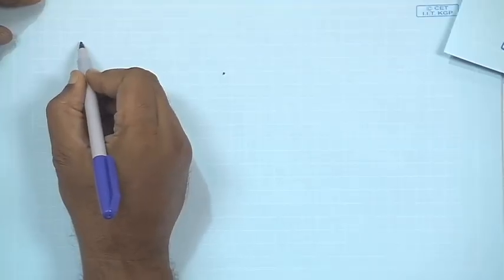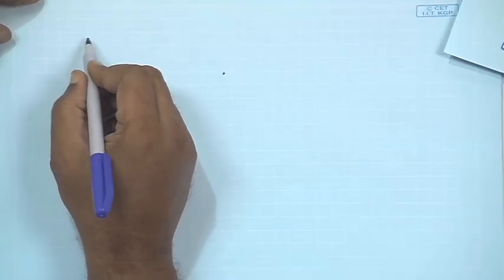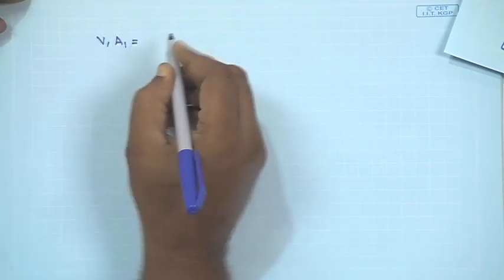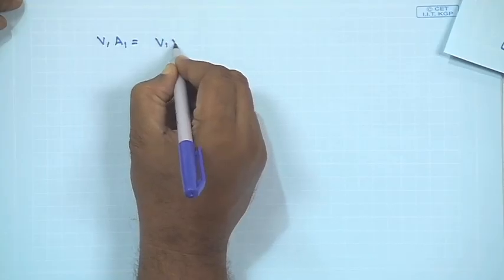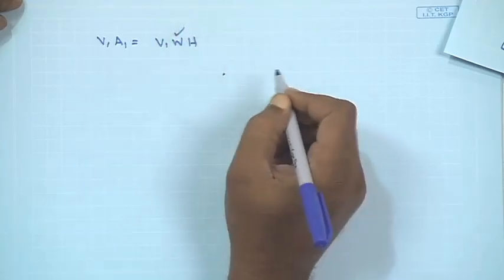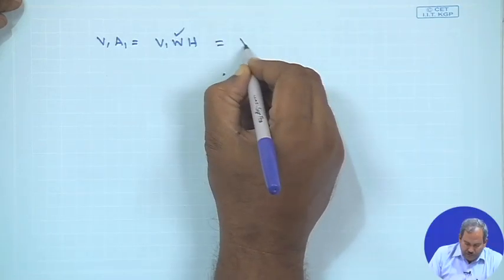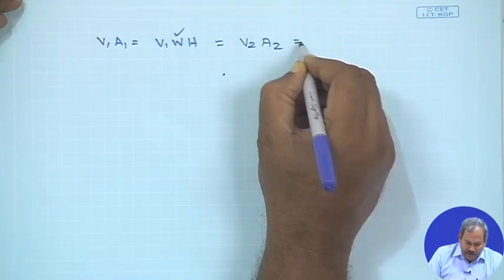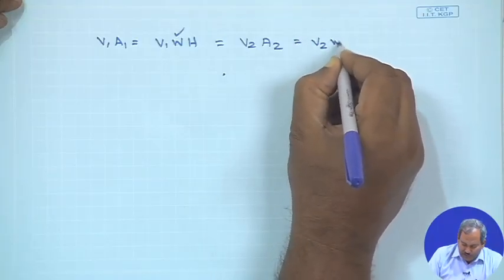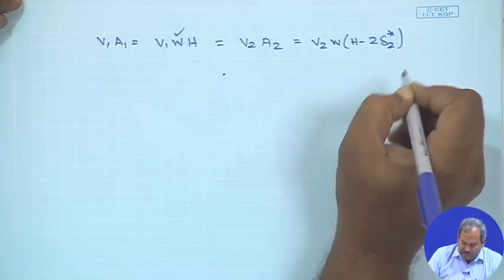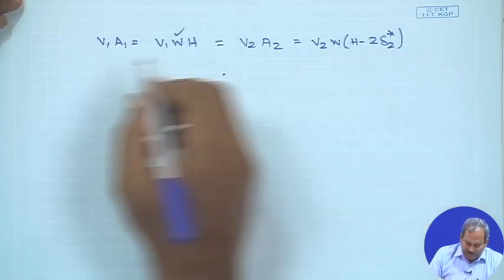Okay. So, with that understood, we can then find, first of all, from continuity equation we can write V1 A1, which is equal to V1 times W into H. W is the width which remains unchanged, constant. It should be equal to V2 times A2, and A2 now becomes h minus 2 delta star times W, as I was explaining. This is the displacement thickness.